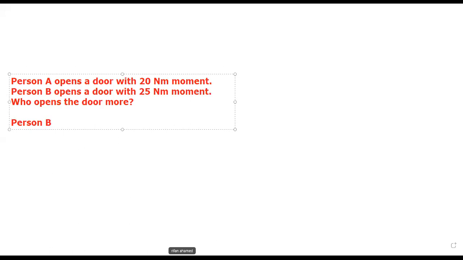Who opens the door more? The one who has more moment. Person B, 25 Newton meter. Correct? Yes, sir. Copy down this question. Do you have a blank page in the last page? If you have, use that one.